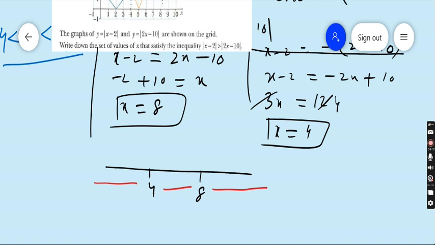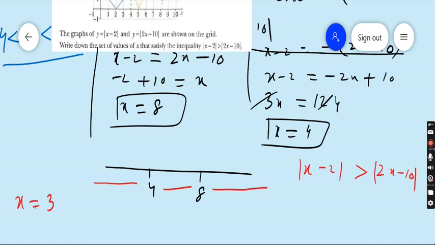Now take any value first from the left-hand side of 4. That is, if I take x equal to 3, what is our absolute value inequality? |x minus 2| greater than |2x minus 10|.